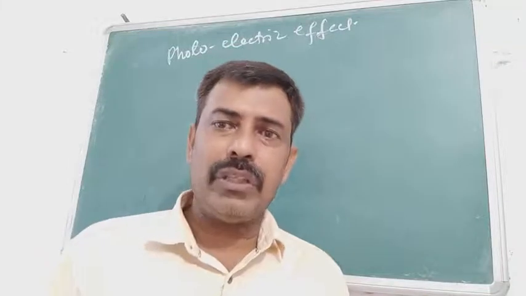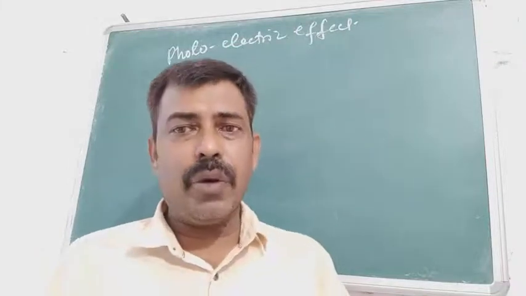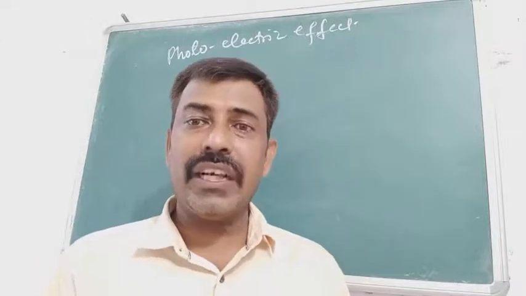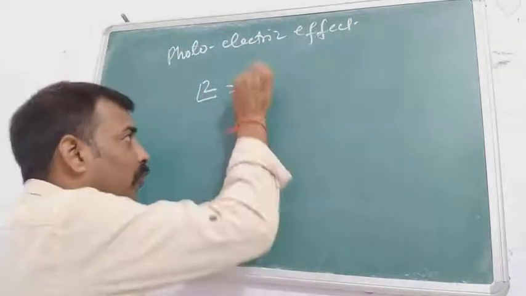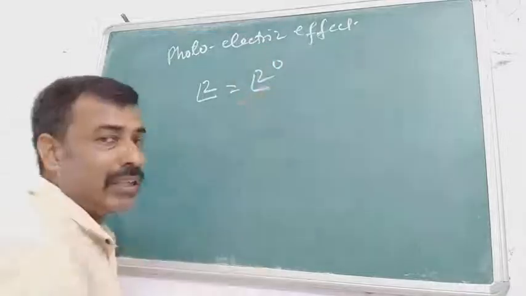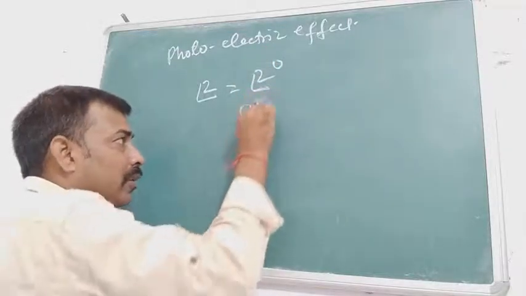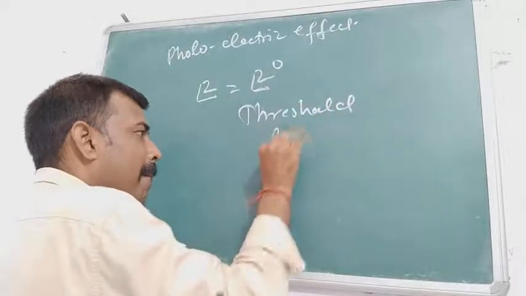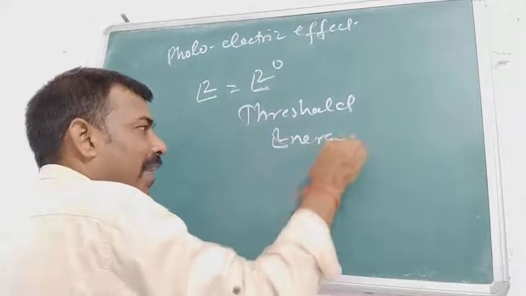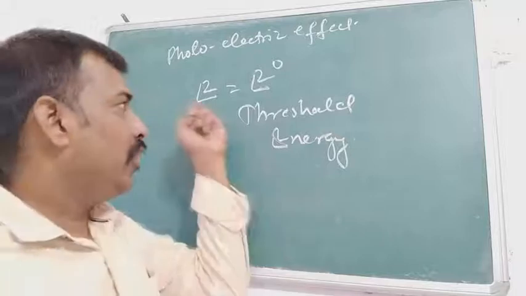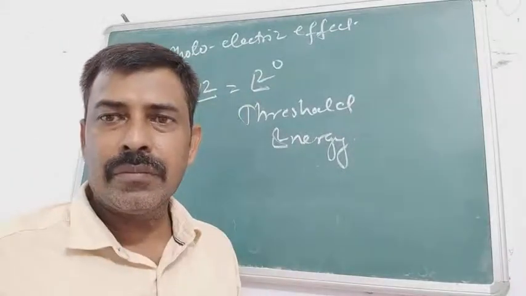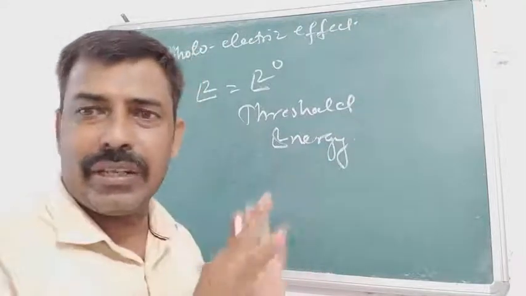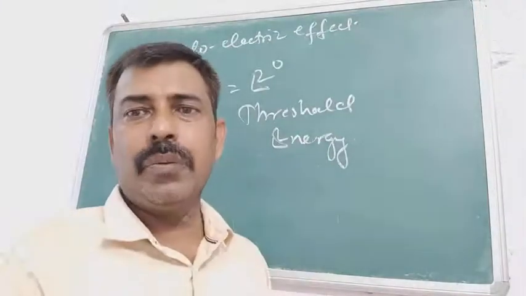The minimum energy which is needed for the removal of electron from the metal surface is called the threshold energy, which can be represented with E naught. Surely if E equal to E naught, or if E is greater than E naught, then the electron will be removed.